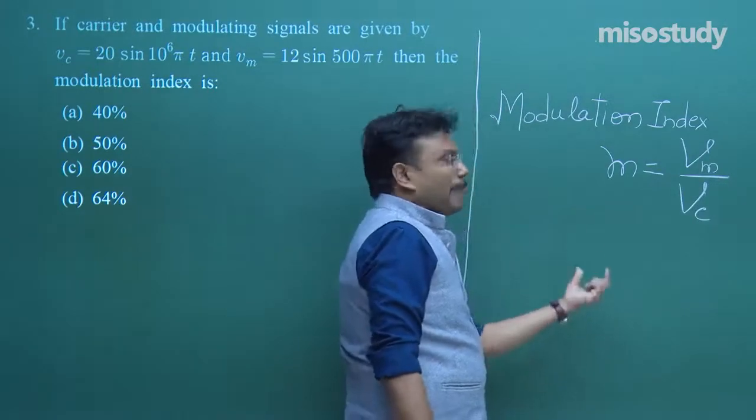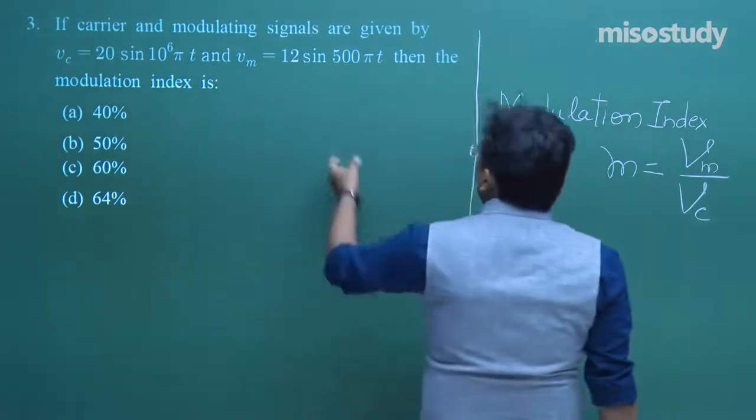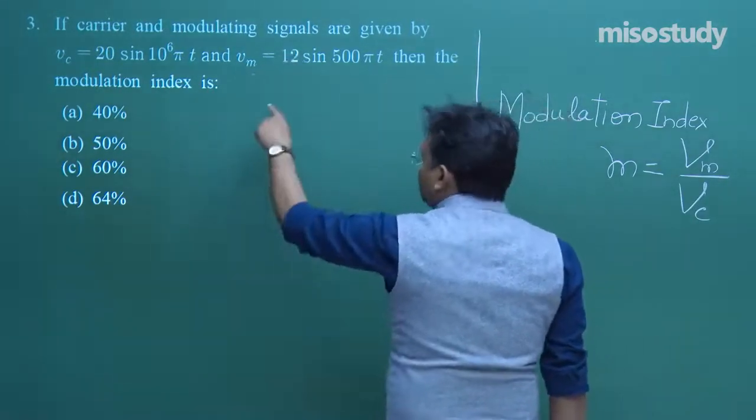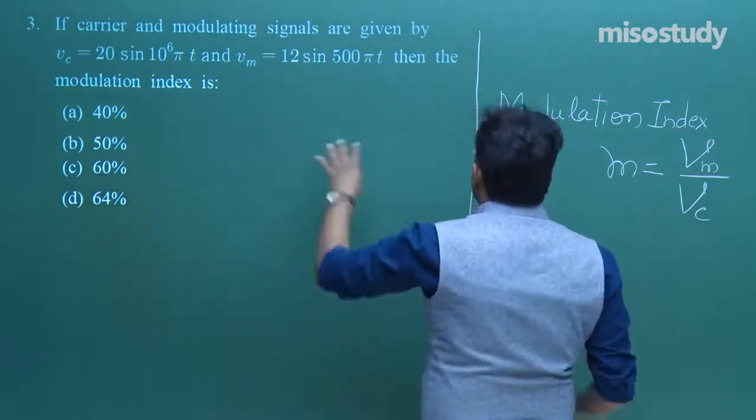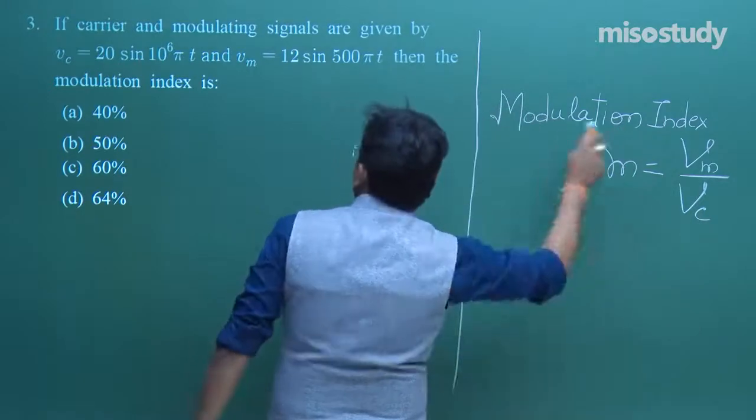Now, let us try to pick the values of the modulating and carrier waves. For this explanation I am going to use this place, that is why I shifted this explanation.